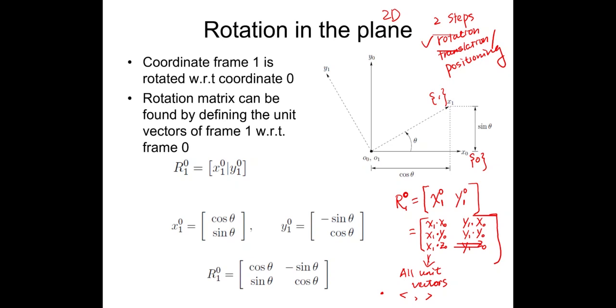It means the unit vector x1 projected to x0, y0, and z0, and y1, the unit vector, projected to x0, y0, z0. And so this is a vector, and this is a vector. So here it means a vector.